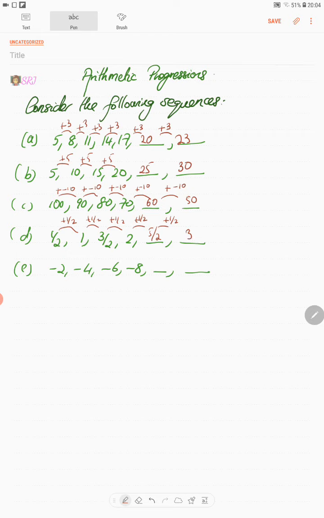And then the last part, we have minus 2, minus 4, minus 6, minus 8. Then we will have minus 10 and then minus 12. Here again we are adding minus 2.